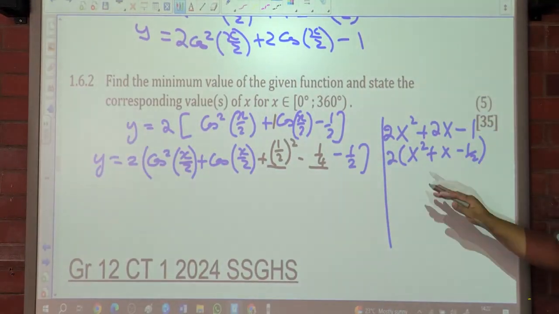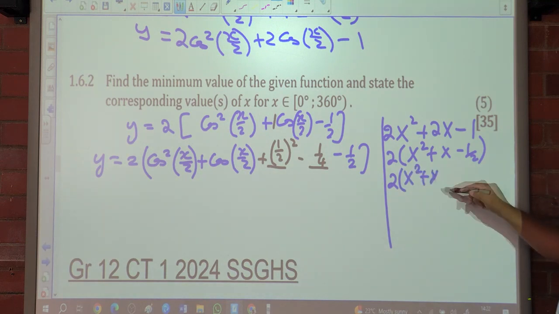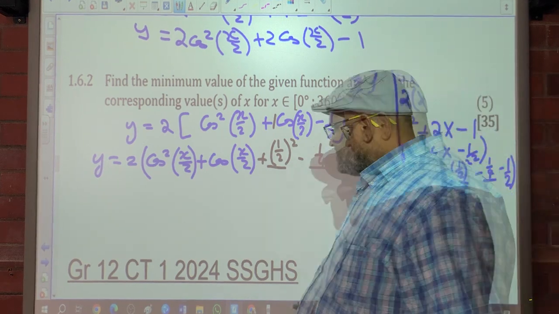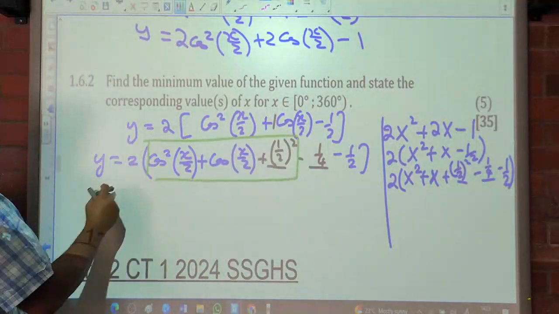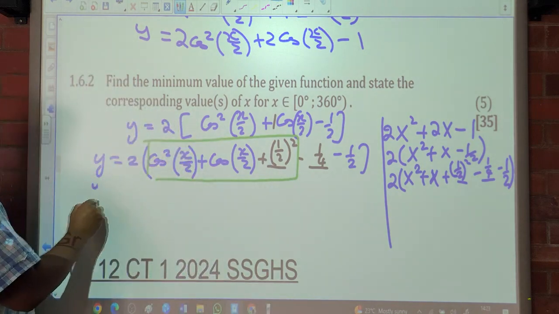For those of you who can't see it, it should be 2 into x squared plus x plus a number, minus the same number, minus half. The number we said here is going to be 1 times a half, which is a half, and it must be squared. So a quarter. So what is this now to us? Perfect square trinomial.